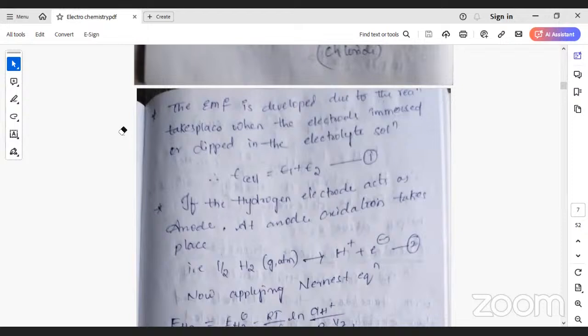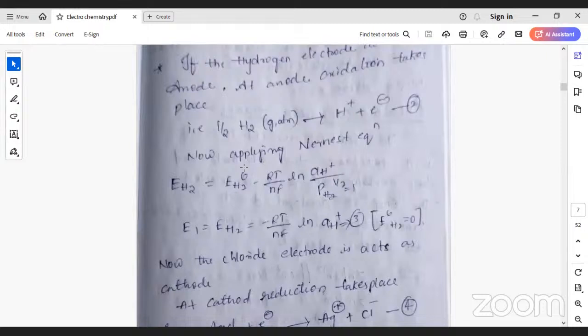The electrode reversible to the cation, that is H plus ions, is called the hydrogen electrode. The electrode reversible to the anions is called the chloride electrode, that is the silver chloride electrode, right? So here two electrodes will be there: the hydrogen electrode and the silver chloride electrode.